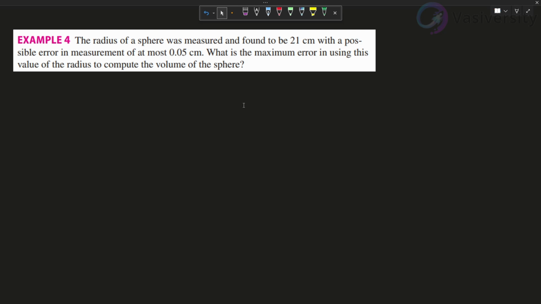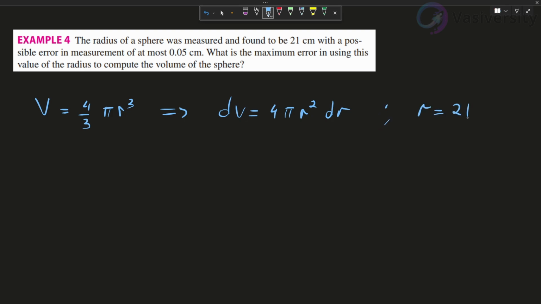Okay, so we know the volume of the sphere, we remember from the related rates problems, is 4/3 pi r cubed. If we find the differential, dV is going to be 4 pi r squared dr. We know that r, the radius, is equal to 21, and dr is 0.05, which is our error.